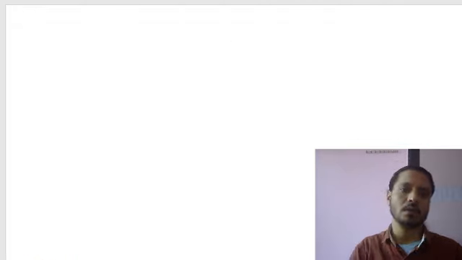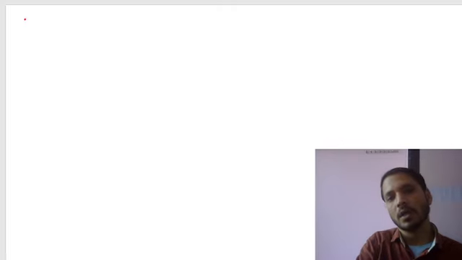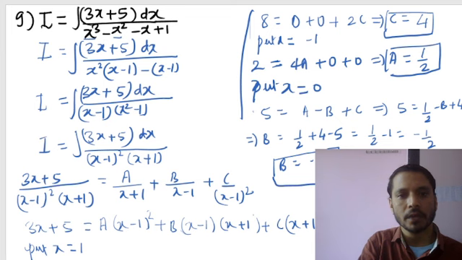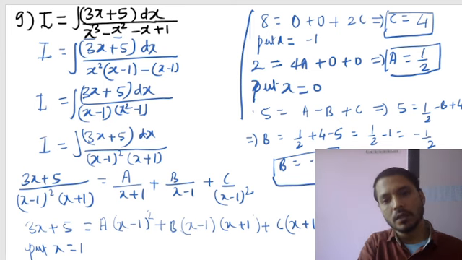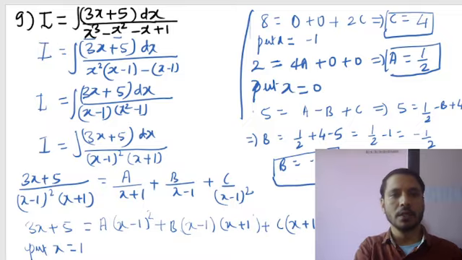So here now this will become I is equal to 1 by 2 dx, divided by, what are the factors here? The factors are x plus 1, x plus 1, x minus 1.